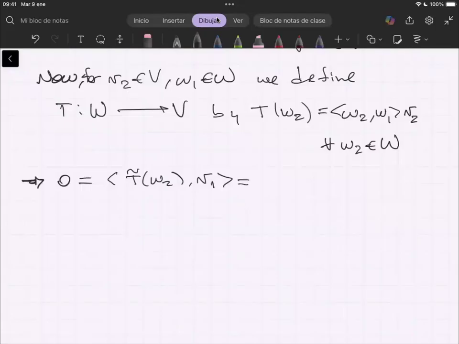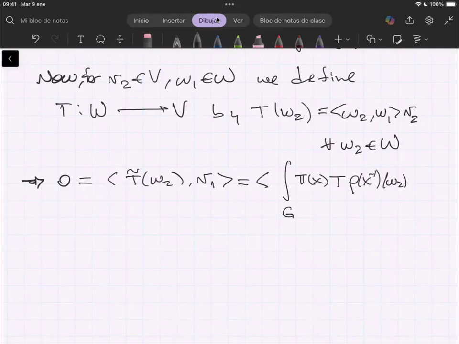Let's write the definition of T tilde: the average applied to w2 and then against v1. As one can prove, if we take the inner product and the integral, everything is linear, so the integral goes outside, and we have this integral.